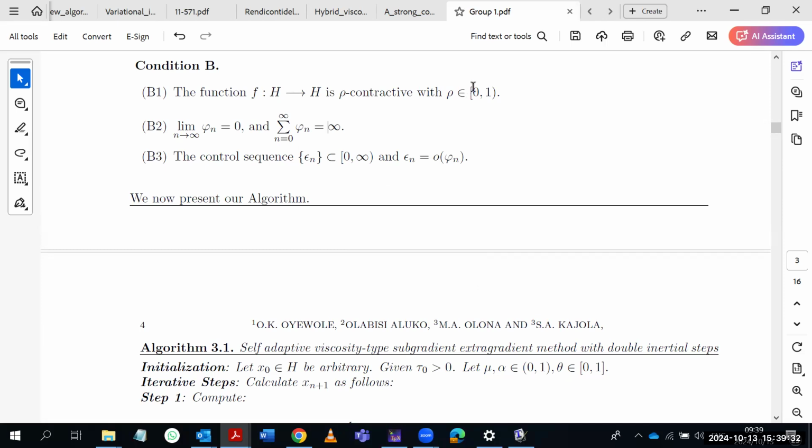Maybe it should be in the open interval. Open interval. Okay. I don't know. Maybe. Just find out. Hello, sir. Yes, sir. That P sample here, we can take one low P to be from 0, 1.